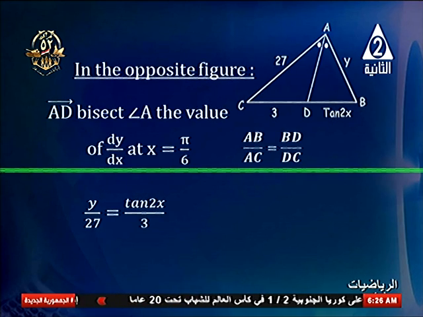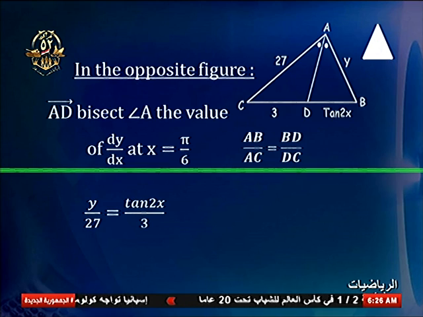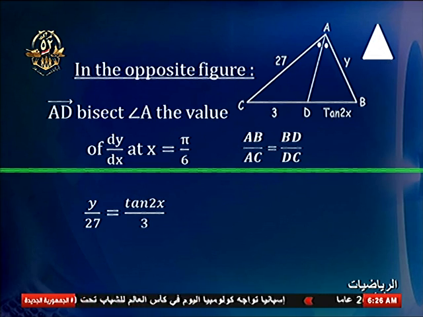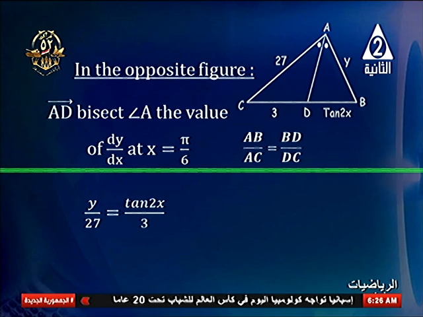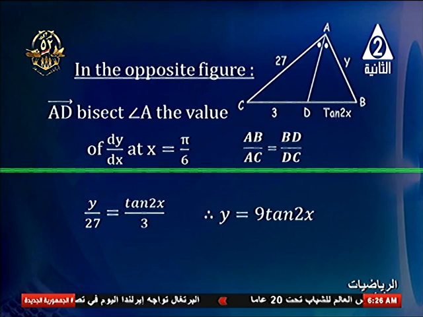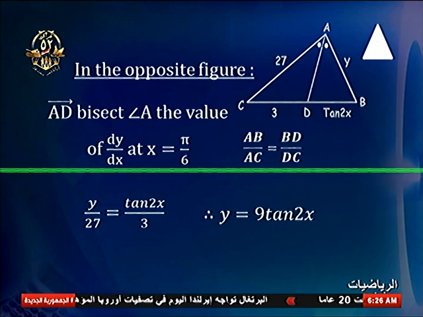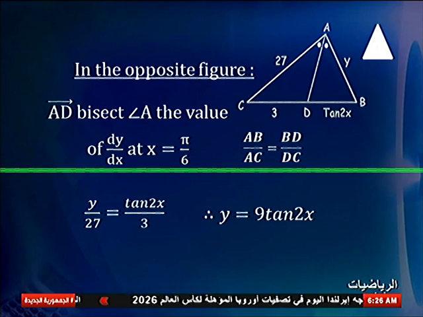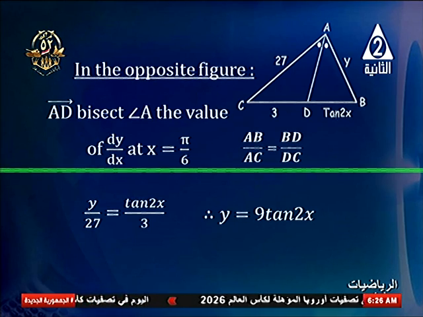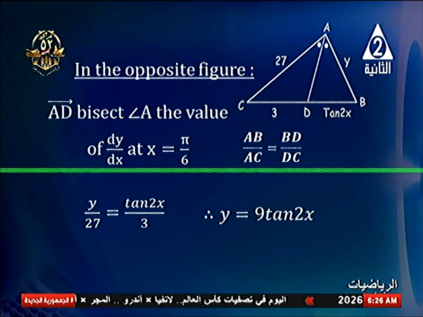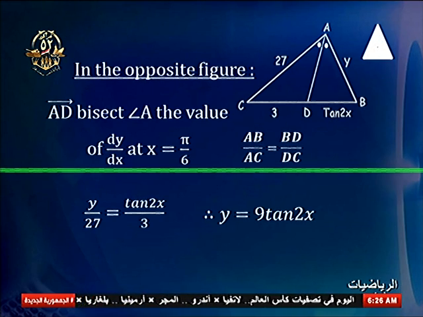The relation: y over 27 equals tan 2x over 3. What is the relation between y and x? y equals 9 tan 2x. What is required? dy over dx when x equals pi over 6.